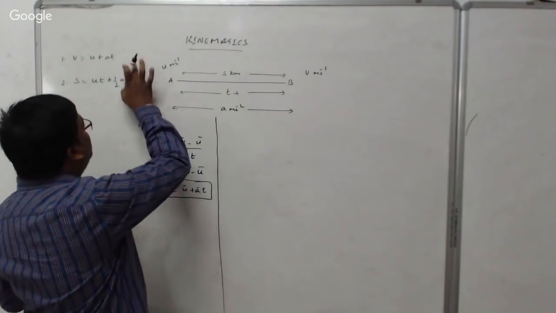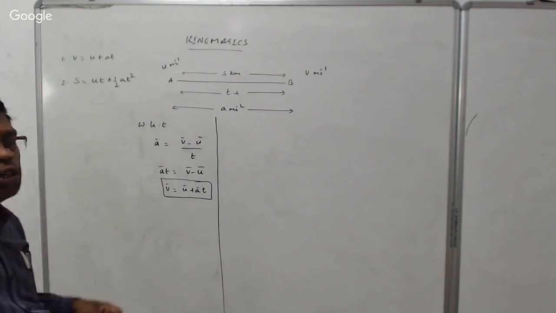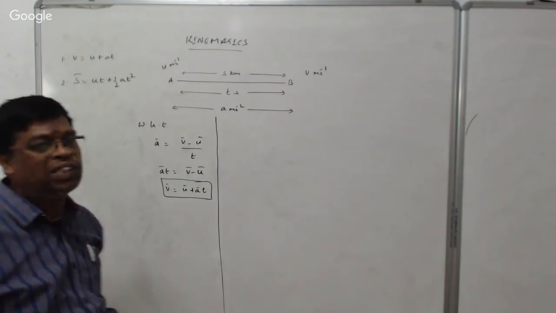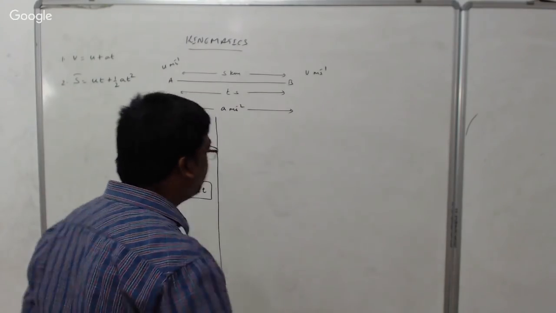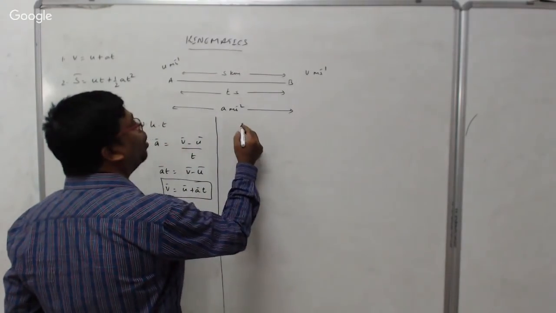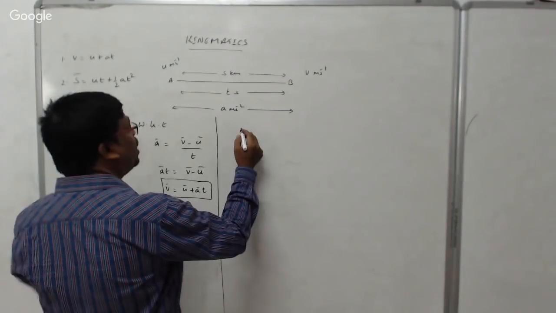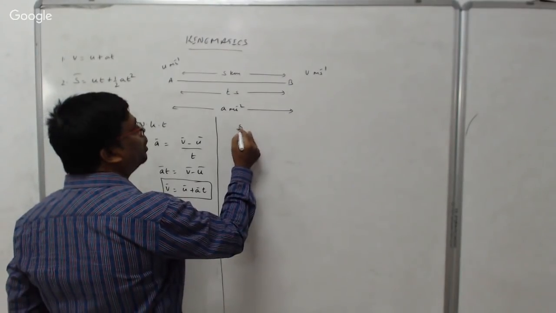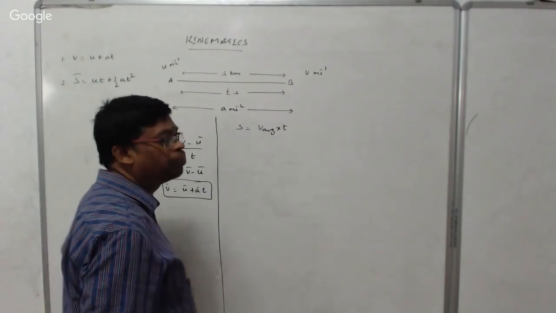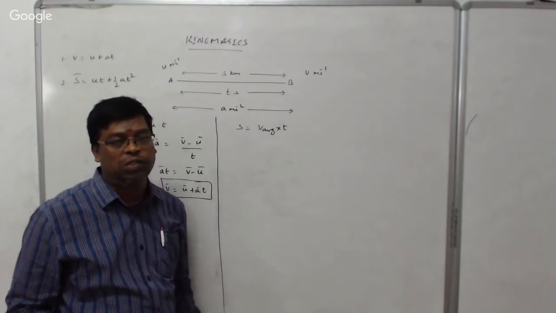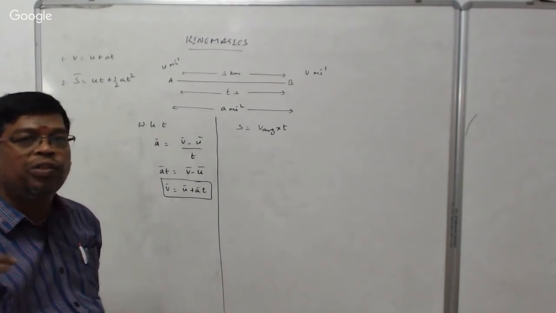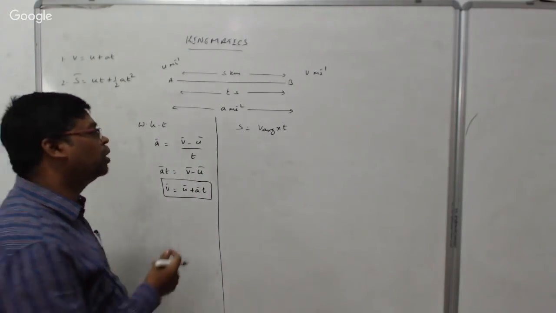To solve the second equation, the second equation is based on displacement. What is the displacement made by the body? See, we know that distance traveled, s, is equal to average speed into time, distance or displacement. When a body is moving in a single straight line, distance traveled by the body is equal to its displacement, right? Okay.